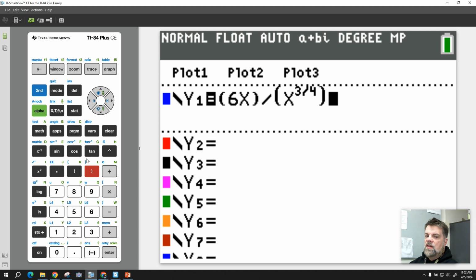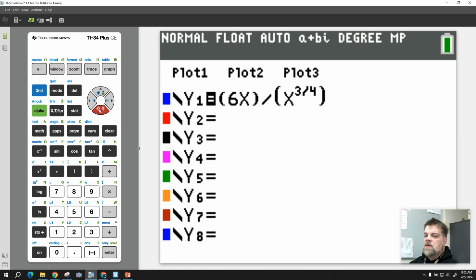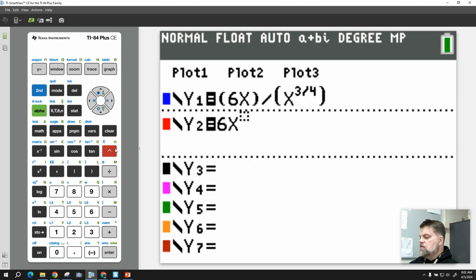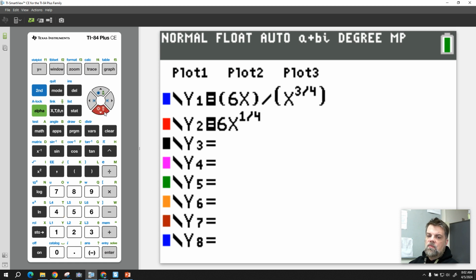Okay? That's what you're going to put in your calculator. Then remember, we're going to put our composite function on the bottom. We said that our composite function was really 6 times x raised to the 1/4, or 1 divided by 4. So when I hit graph, I should see a blue graph. Well, you guys have the older calculators. You're just going to see a graph and then the other graph go right over the top of it.